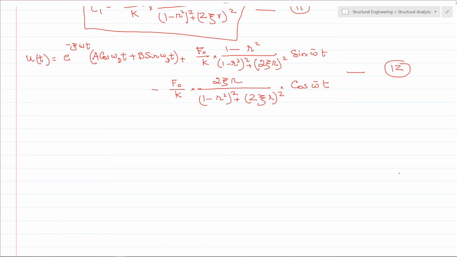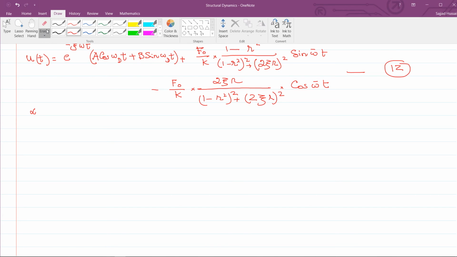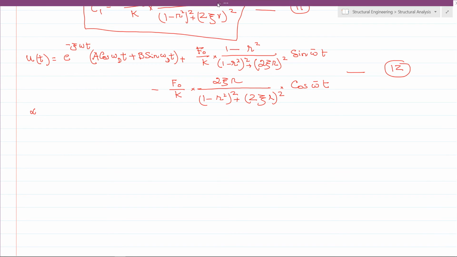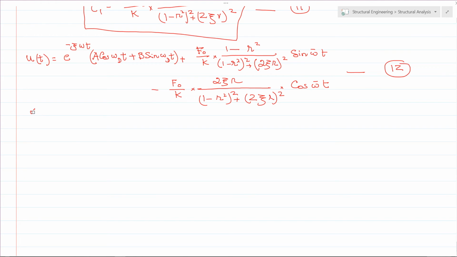We know the formula that sine alpha plus or minus beta is equal to sine alpha into cos beta plus or minus cos alpha into sine beta.